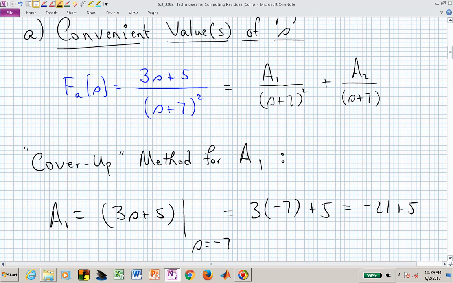We can't pick a value of s that causes the denominator to vanish in any of our factors, and in this case the only value of s that causes that to happen is s equal to minus 7. So as long as we avoid s equal to minus 7, any other value of s is valid.